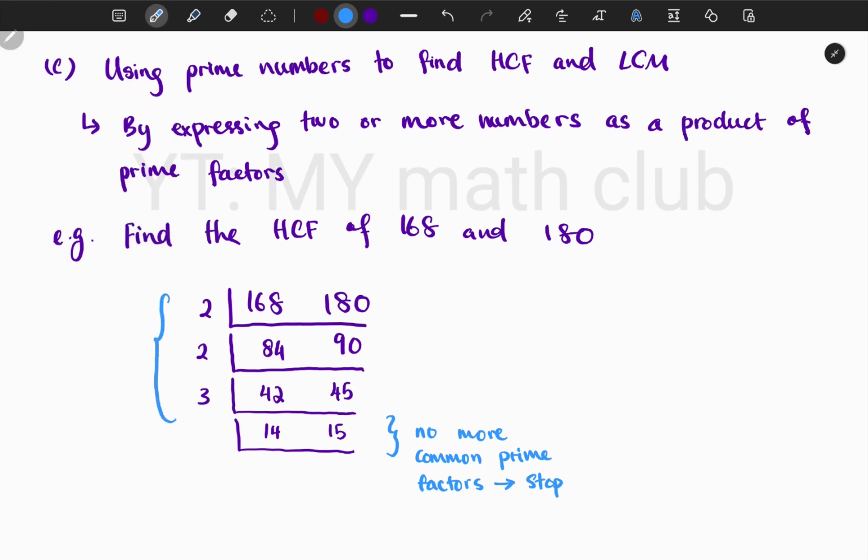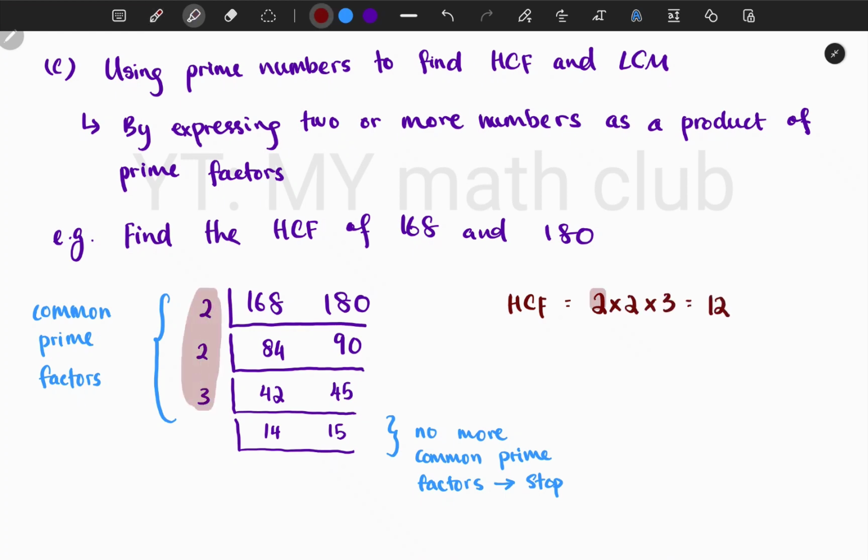Okay, on the left side here are all the common prime factors that we have gotten from our long division just now. And all I'm going to do is take those numbers and multiply them together. This will give me my HCF, which is 12. What that means is that if I take 168 divided by 12, it is completely divisible and it will return me 14.